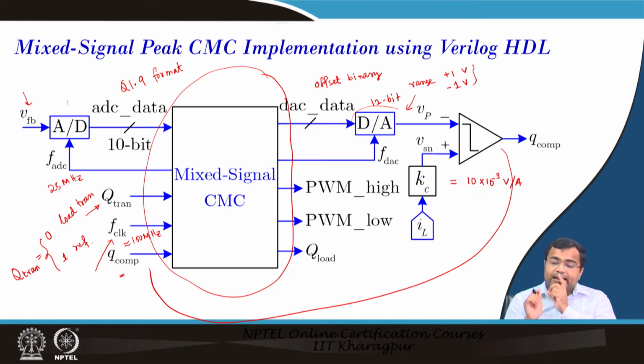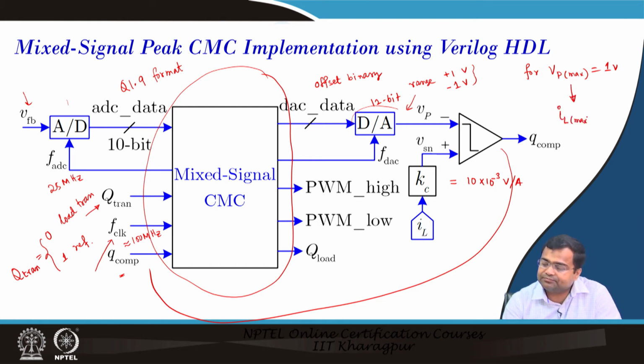So, that means if we set a maximum of 1 volt, that means for Vp max to be 1 volt, this implies the actual current limit max will be 100 ampere, and this is not acceptable.